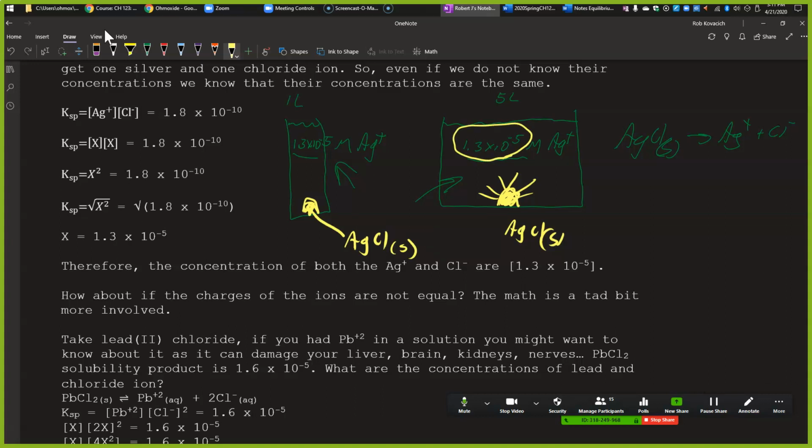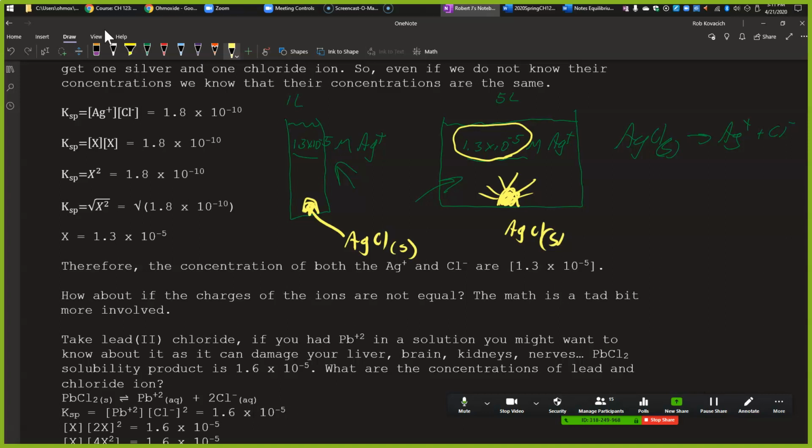So we could have a swimming pool filled with pure water, and I throw in 5 kilograms of silver chloride. The concentration of silver in that swimming pool is going to be 1.3 times 10 to the negative fifth, as long as there's still a little bit of solid silver chloride in the pool. It'll take a lot longer, but it'll happen.